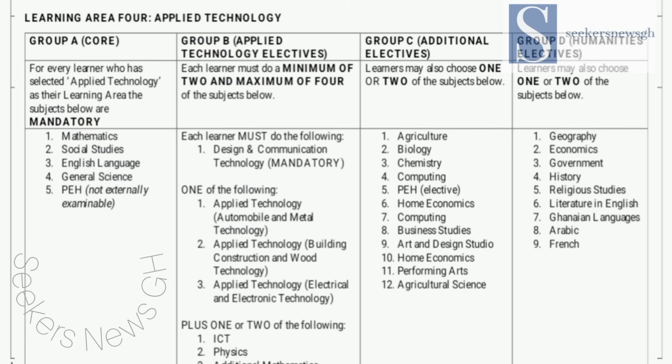Then one of the following: applied technology, automobile and metal technology; applied technology, building, construction and wood technology; or applied technology, electrical and electronic technology. Then plus 1 or 2 of the following, which could be ICT, physics, additional mathematics, arts and design foundation.